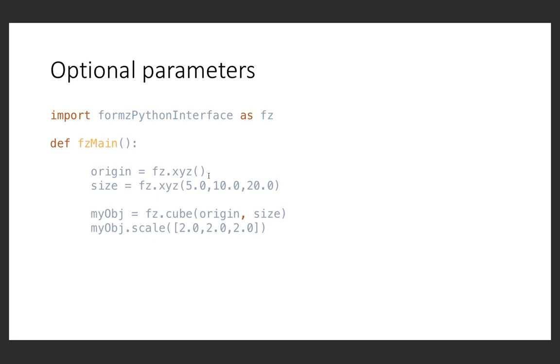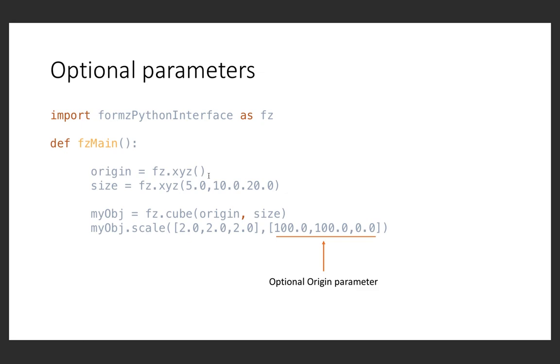Okay? Now, that's really all I wanted to do with this object, but the scale function itself also takes an origin that you could scale about. So if I provide an origin parameter, then it's going to use it and it's going to apply the scale about that value.